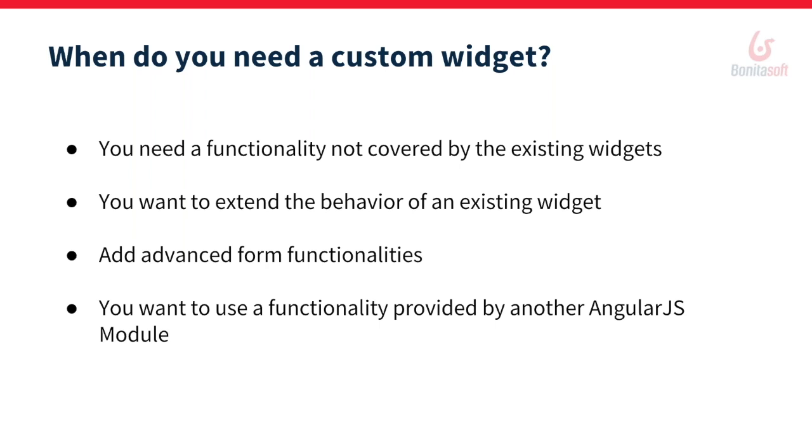So if you want to add the dependencies and use that dependency in your JavaScript expression in your page, you won't be able to do it. So to do that, you have to create a custom widget, and there in the custom widget edition, you can specify what are the AngularJS modules that the custom widget depends on. And you can then use the functionality of this dependency.